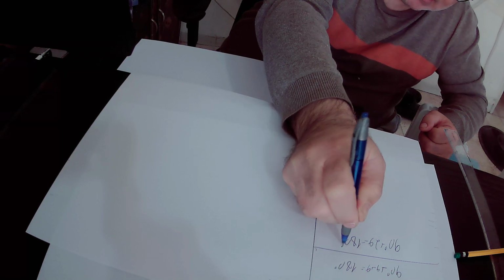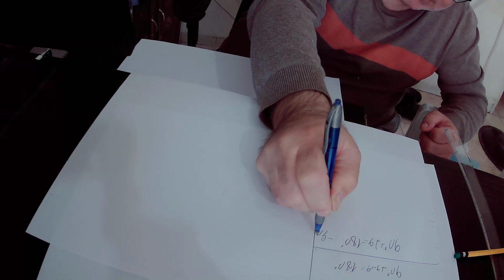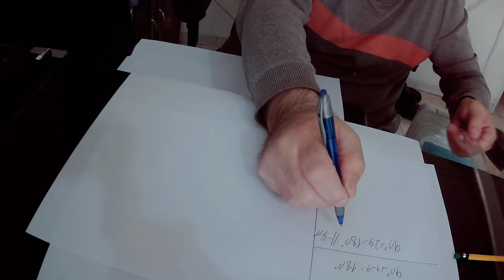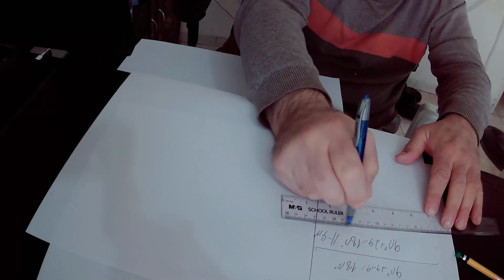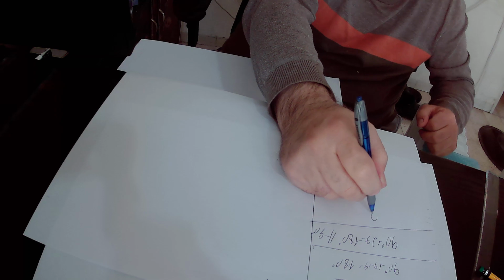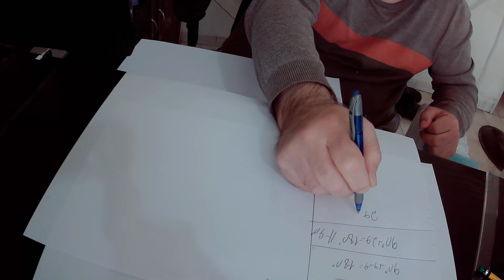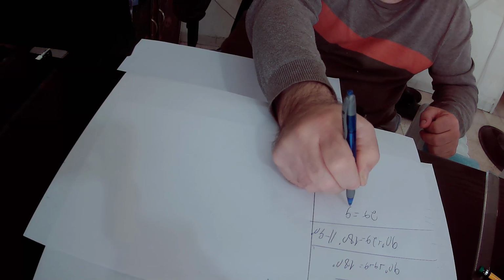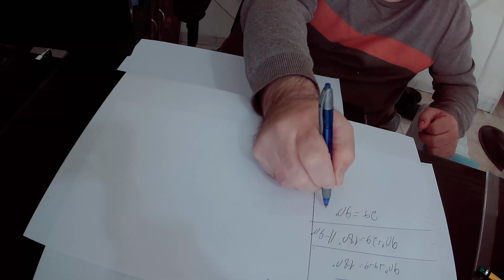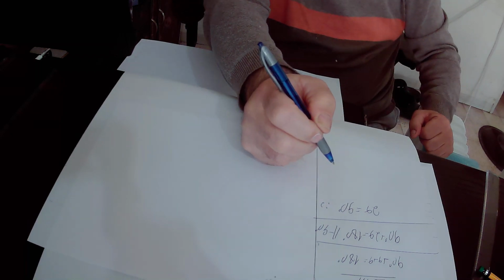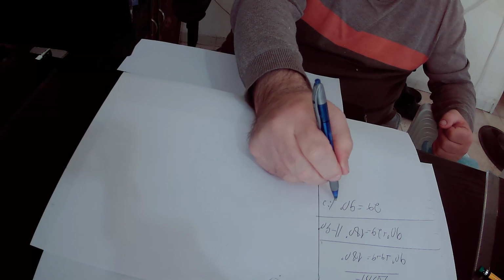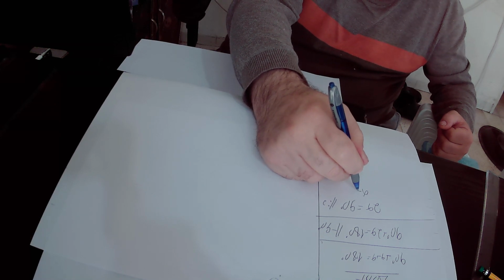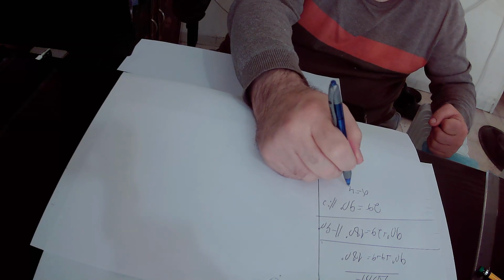Here we subtract 90 degrees from this equation, and finally we get that 2 alpha equals 180 degrees minus 90 degrees, this is 90 degrees. Here we divide this equation by 2, and finally we get that the size of angle alpha is 90 degrees over 2, is 45 degrees.